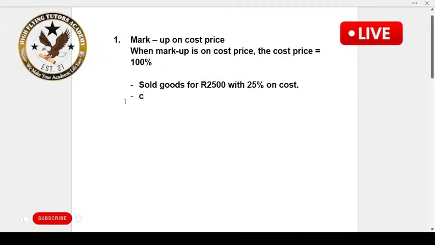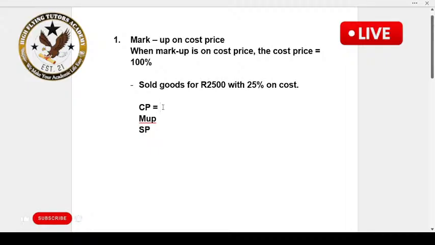Okay, so let's say you have to determine the cost price, the markup, and also the selling price. Remember the principle says when the markup is on cost price, the cost price is equal to 100.